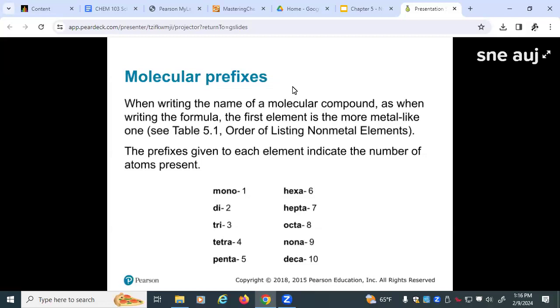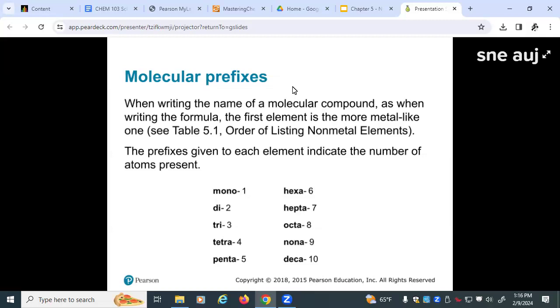A three-sided object is called a triangle. Tri for three, angle because it's got three angles inside of it. A five-sided object is called a pentagon. Penta for five. A six-sided object is called a hexagon. Hexa for six. An eight-sided object is called an octagon. Octa for eight. And so on.